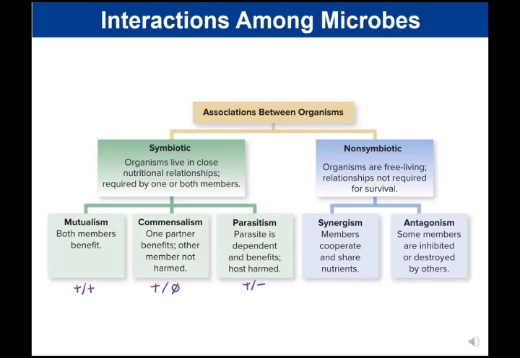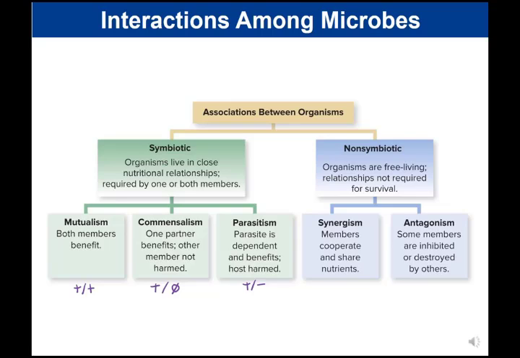Now, if we look at non-symbiotic relationships, the organisms are free-living, and the relationships between them are not required for survival, meaning they can survive on their own. However, it could be beneficial or it could be a negative interaction. So the first one is synergism. In synergy, the members cooperate and they share nutrients.